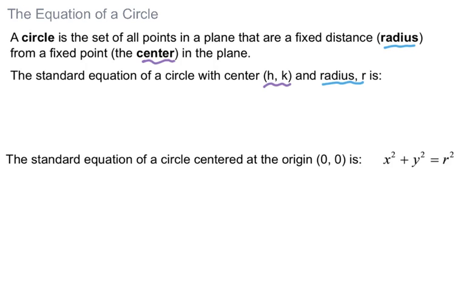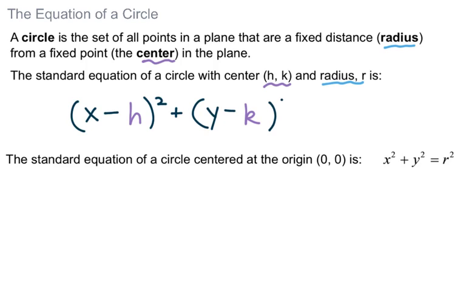And the equation would be (x - h) quantity squared plus (y - k) quantity squared equals r squared. Now, you should be mildly familiar with the equation of a circle at this point.